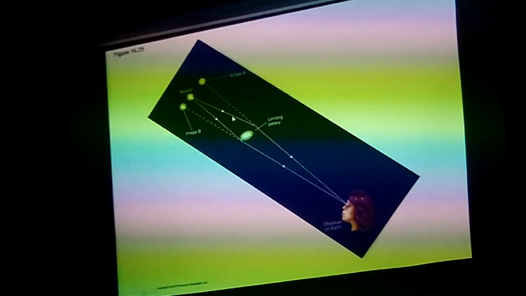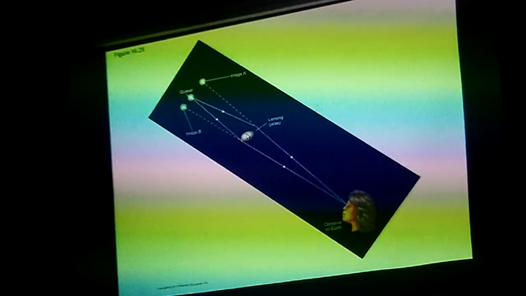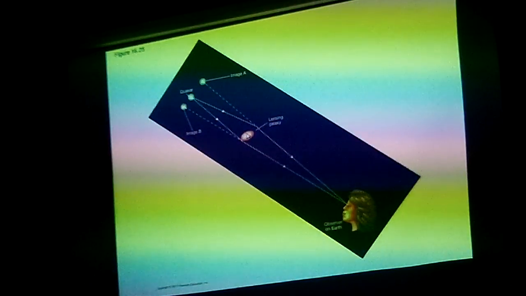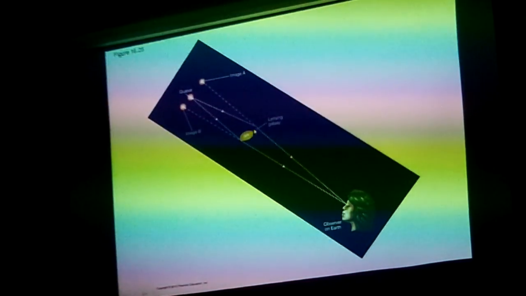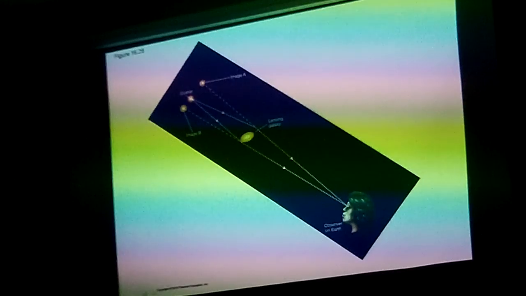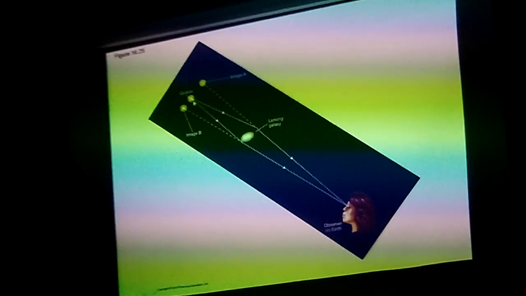Only the light from that image has been lensed around the intervening galaxy. If this intervening galaxy is dark matter, you won't see anything in the middle, but you'll see two identical images. And you know that there's something in the middle.